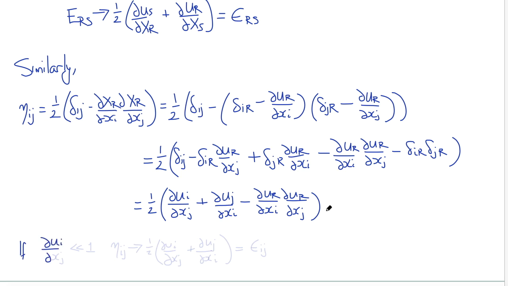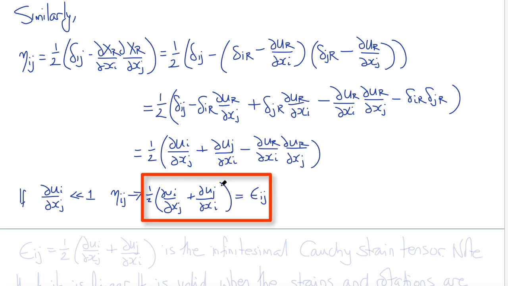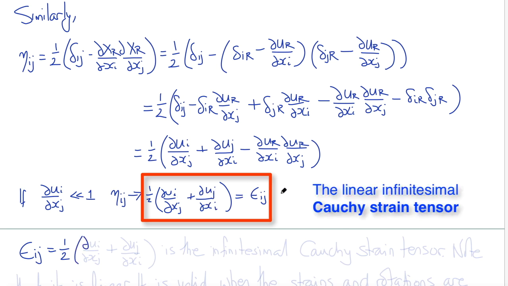Again, in the limit when the displacement gradients are very small, this term is quadratically small, and the Almansi strain tensor tends to ∂ui/∂xj plus ∂uj/∂xi, which is again the Cauchy infinitesimal strain tensor.